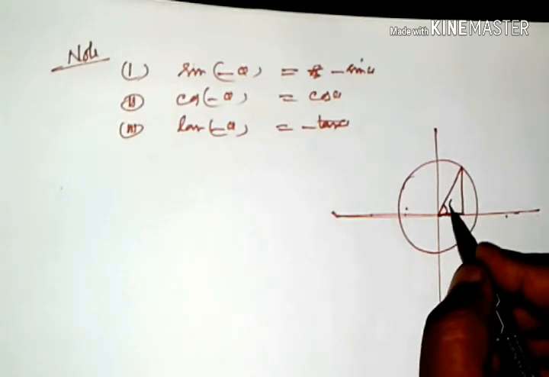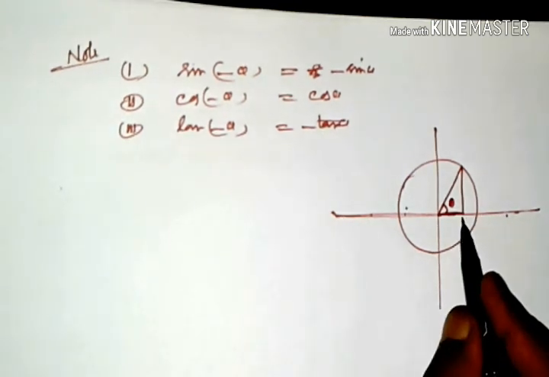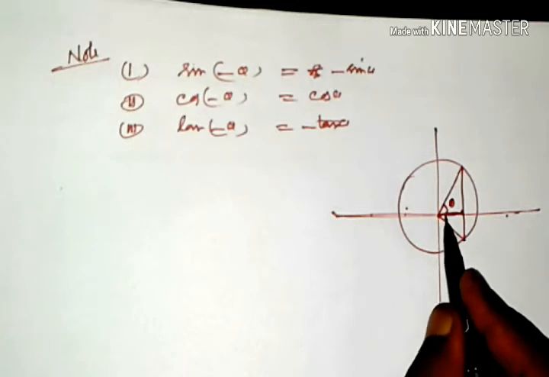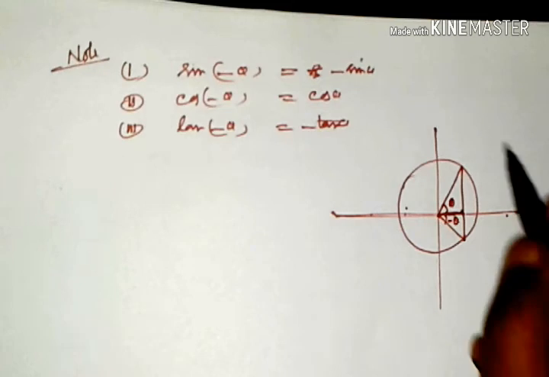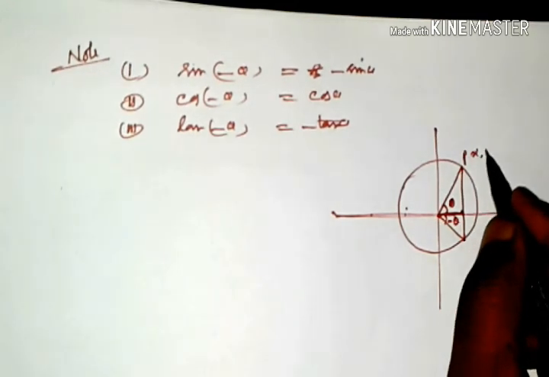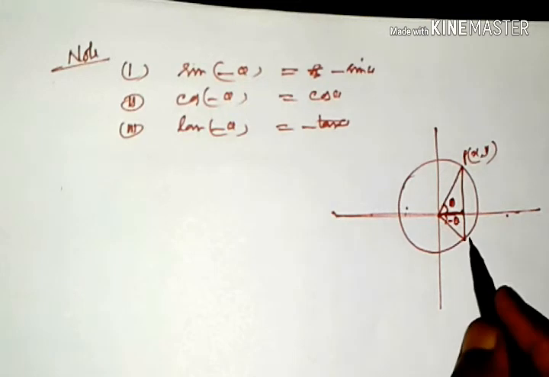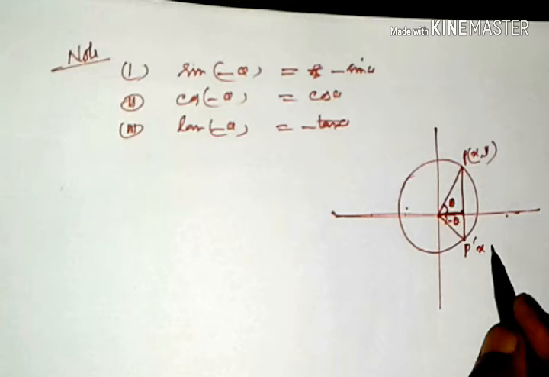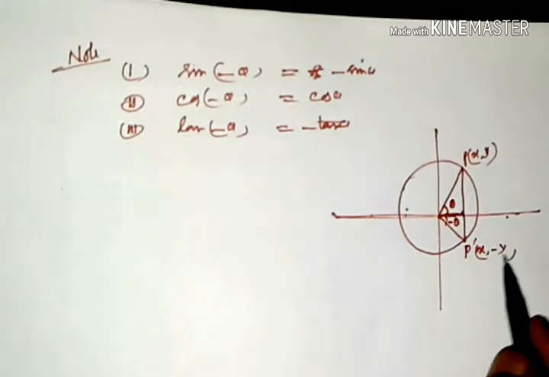This is theta. And the negative angle is this, minus theta. Let P be the point which is (x, y), and P dash the point which is (x, minus y).